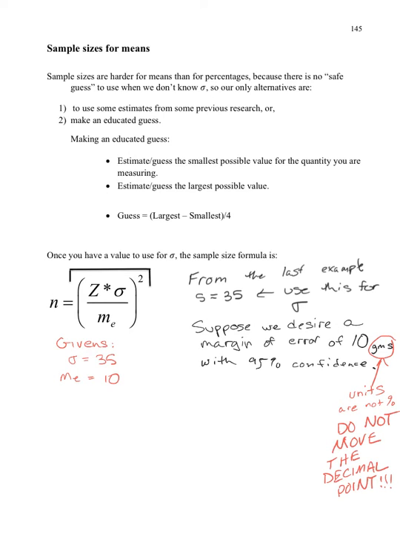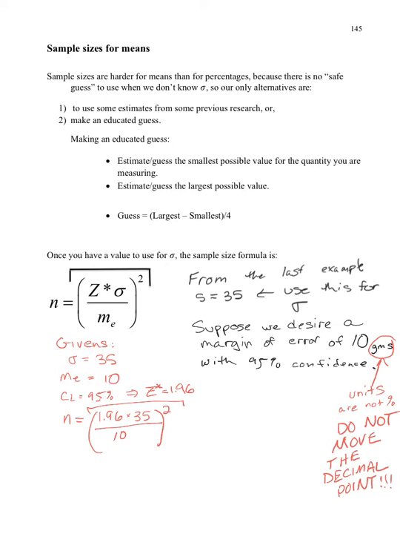So back to our givens, our confidence level of 95% tells us to use our old favorite Z star, the ever popular 1.96, gives us N equals 1.96 times 35 divided by 10.